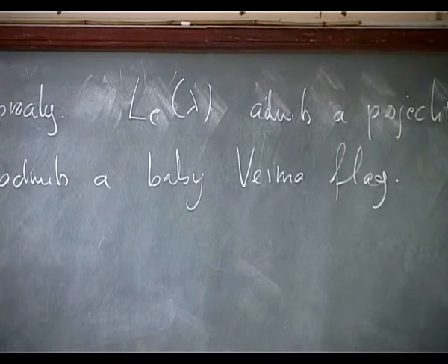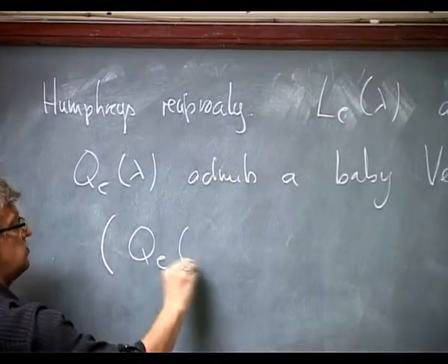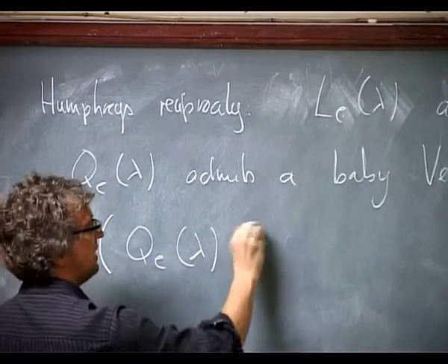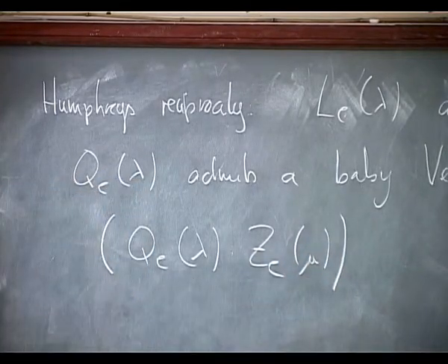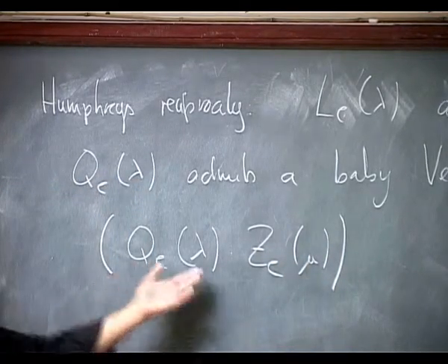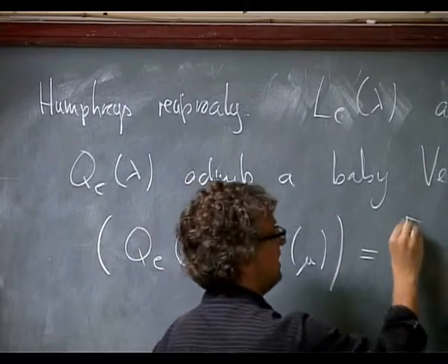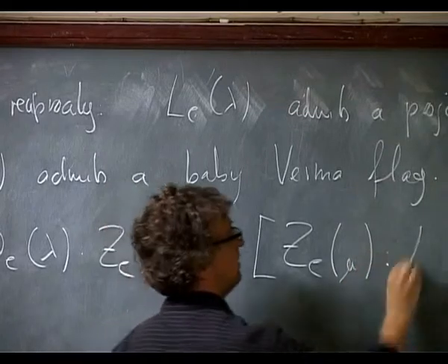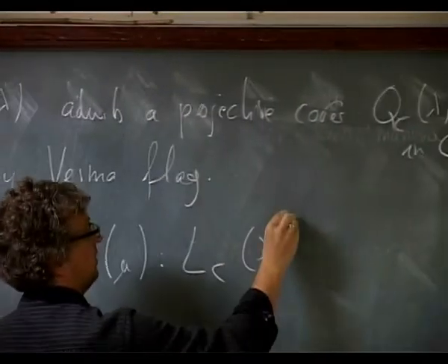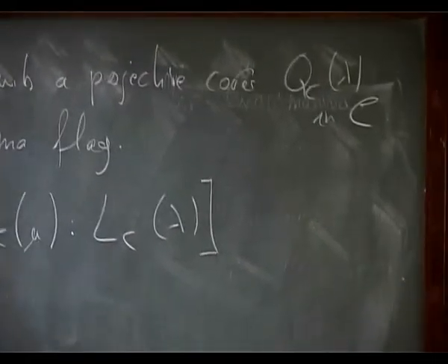And the reciprocity says that the corresponding multiplicity, so if you choose one of these flags and calculate the multiplicity of this baby Verma module in the flag, then this is the same as the Jordan-Hölder multiplicity of the corresponding simple module.